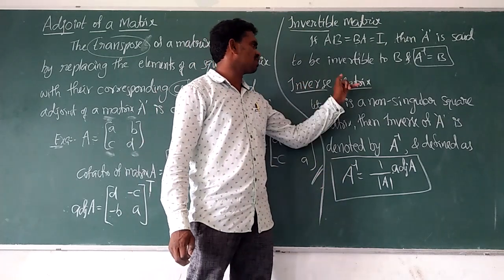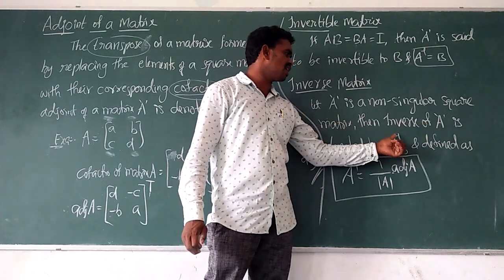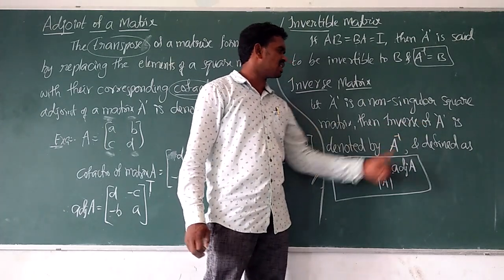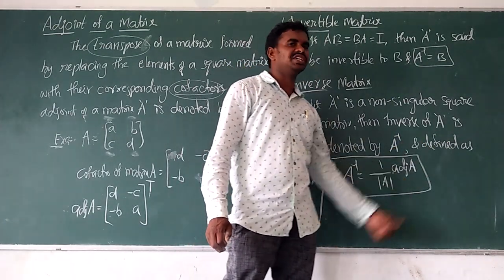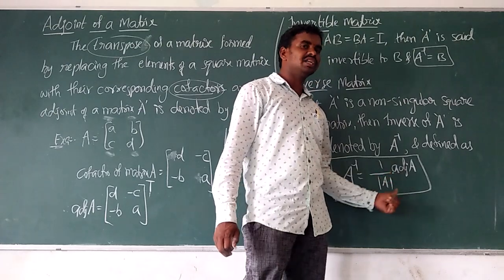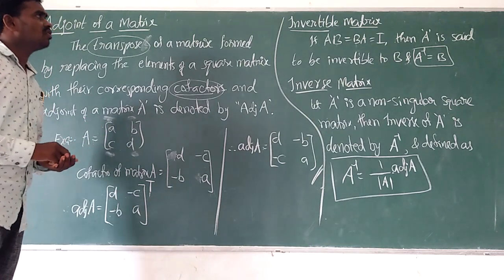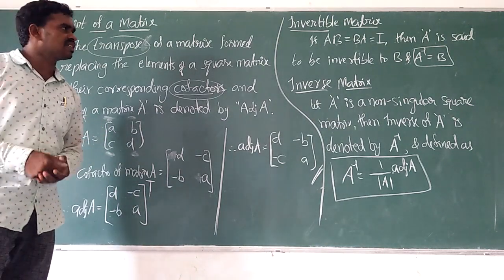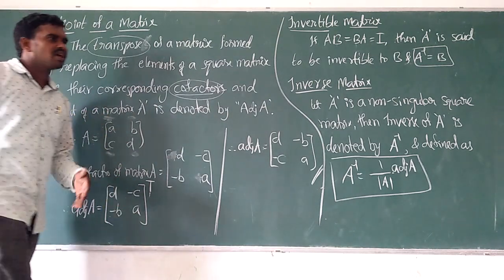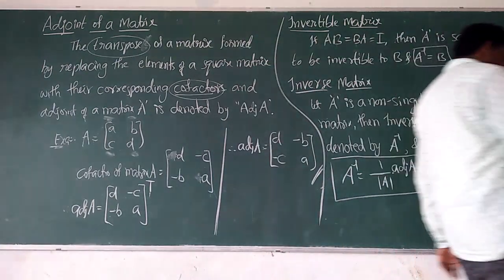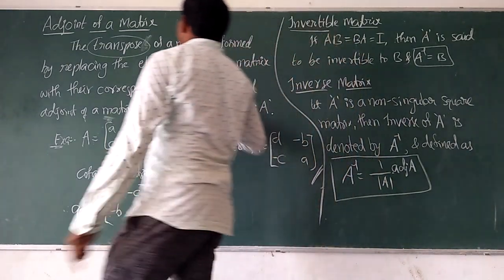Inverse matrix means if A is a non-singular matrix, then the inverse of A is denoted by A power minus 1 and defined as A inverse is equal to 1 by det A into adjoint A, or adjoint A by det A also. So these are the few definitions. Now let us take the 37th question. Based on this concept, I will give you a few more questions so that you can understand very easily how to find adjoint and how to find inverse.